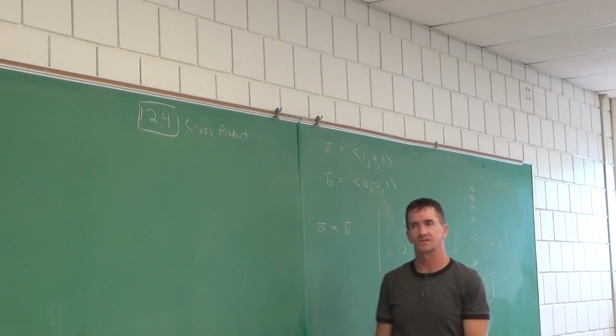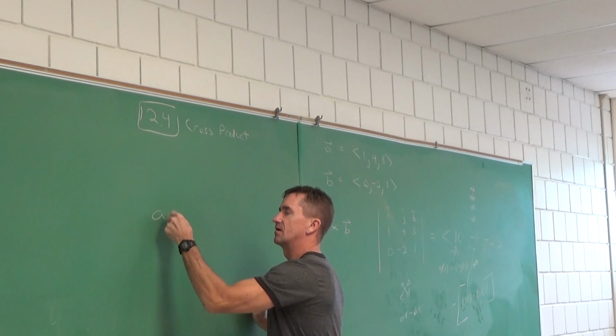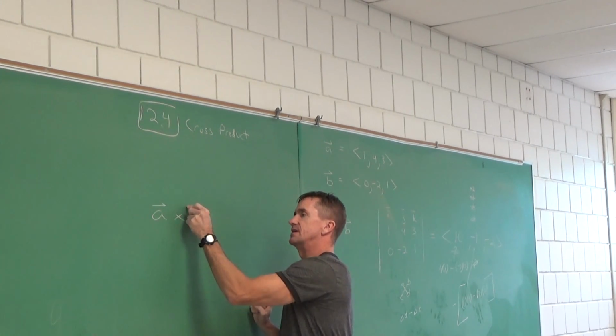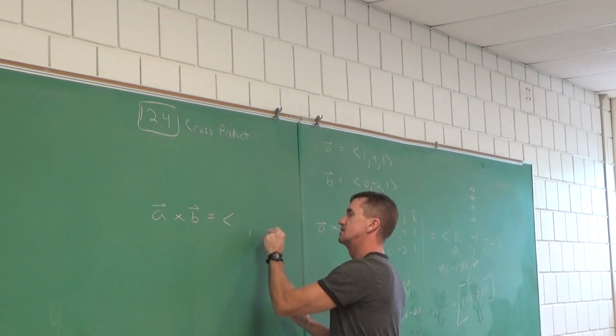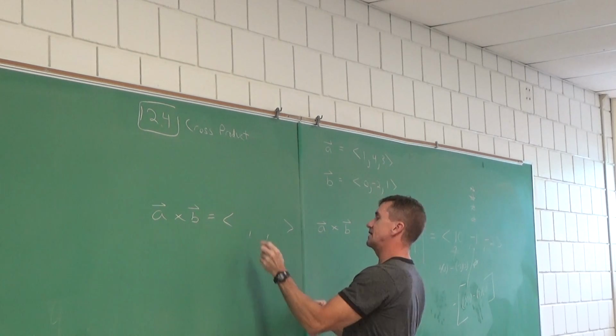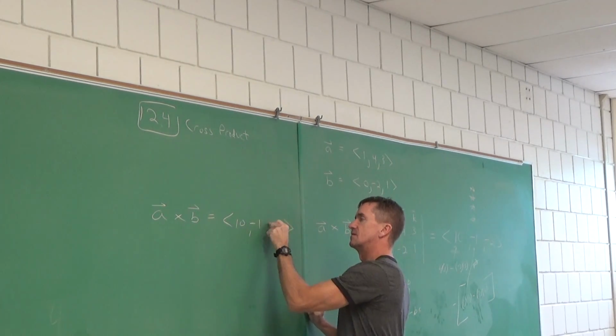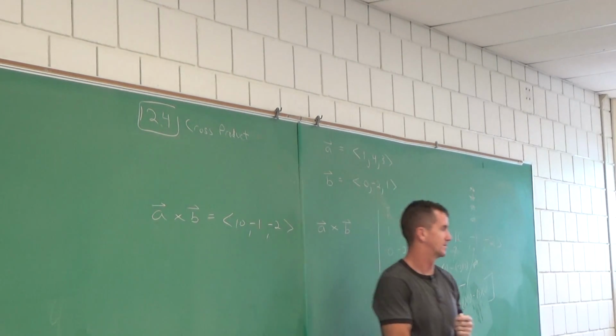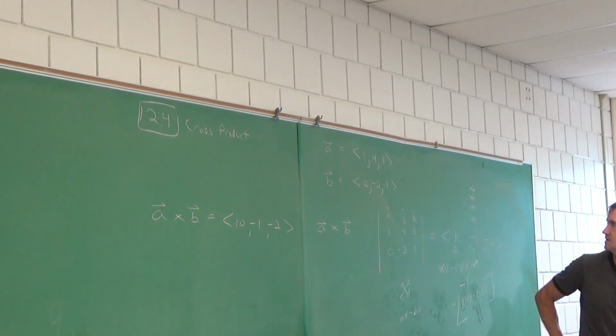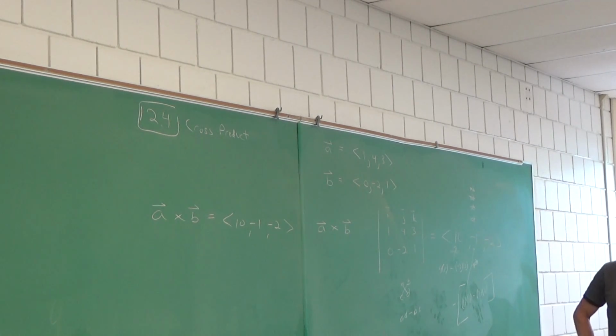That's the cross product. So I'm going to write it really big here. A cross B is the vector 10, -1, -2. And this is huge, everyone. This is very powerful.